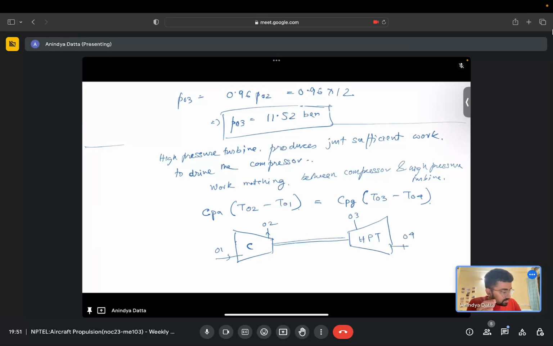In real cases, when there is a shaft there are some energy losses due to friction in the bearings and everything. That loss due to friction is quantified by the mechanical efficiency, eta mech.